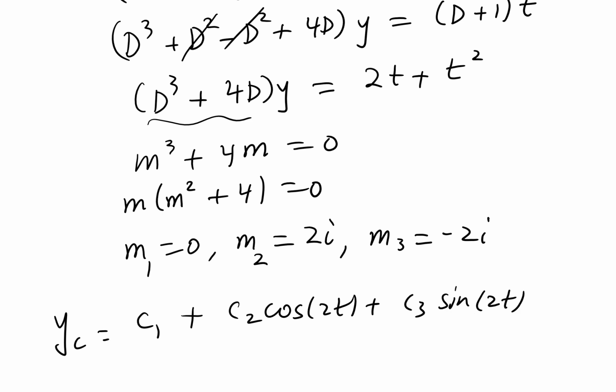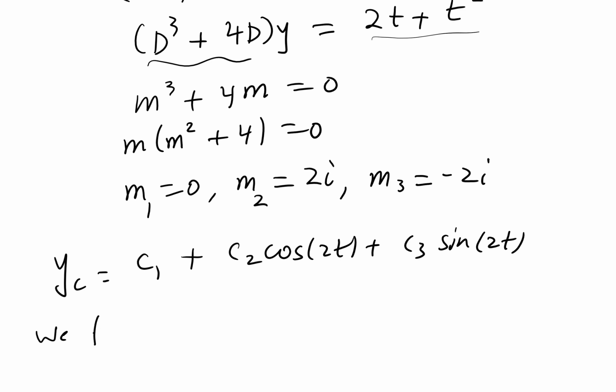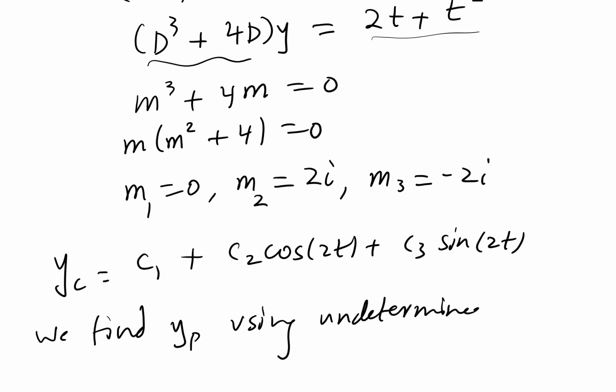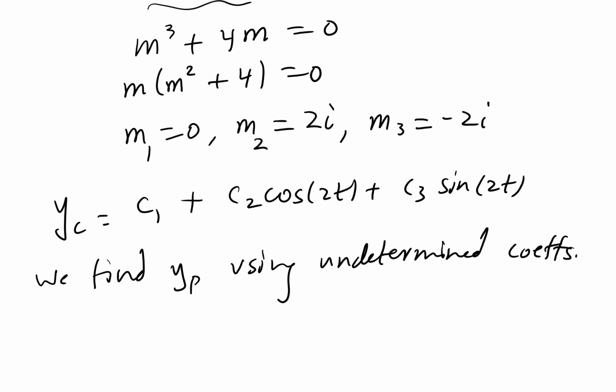Why did I do complementary? Because the right hand side is not 0. So that's how we get the complementary. Now we find the particular solution using the method of undetermined coefficients. And how do we do that?